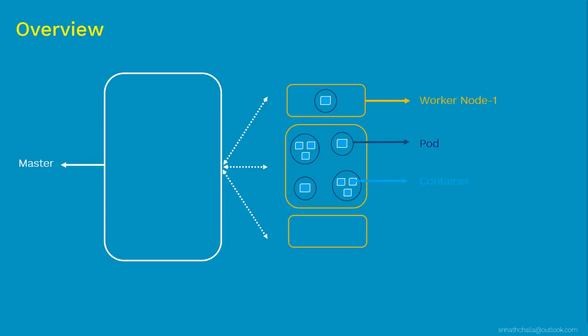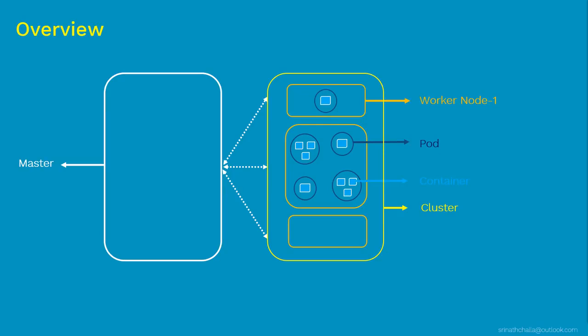And finally, the master. The master is responsible for managing the whole cluster. It monitors the health of these nodes. It stores the information about the members of the cluster and its configuration inside the master. So when a worker node fails, it moves the workload from the failed node to another healthy worker node. The Kubernetes master is responsible for scheduling, provisioning, controlling, and exposing the API to the clients. So that's about the Kubernetes master at a high level.